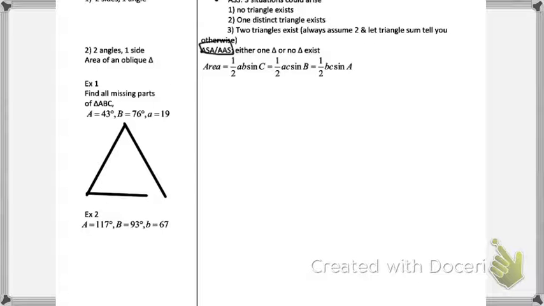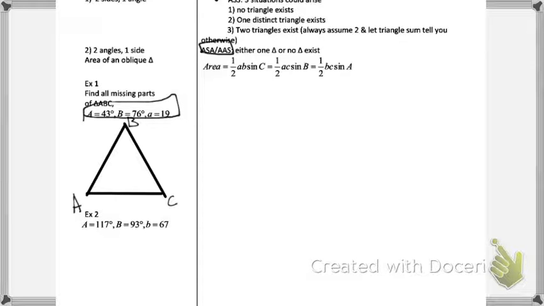Let's label our triangle first: angle A, angle B, then angle C.